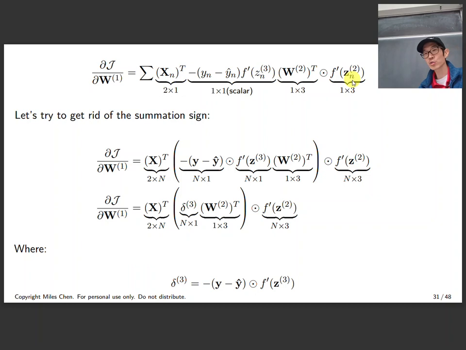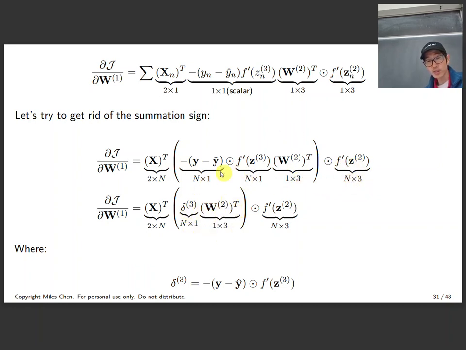There's not different observations of W2, so that's just going to remain 1 by 3. But here, instead of just the nth observation in Z2, we will take all of Z, which is going to be n rows times 3 columns. And so we can do this, changing the dimensions of this. This is 2 by n, this is n by 1 and n by 1, so we have to use element-wise multiplication for these to multiply. Here I have a 1 by 3, so that works out. This is n by 3.